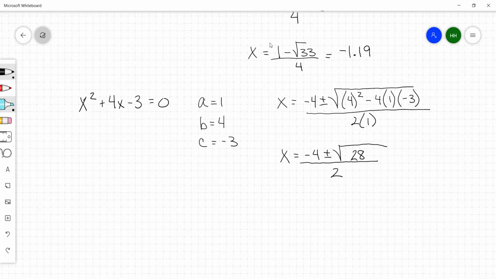Another form, we'll just solve this twice. So we say that x is equal to -4 plus radical 28 divided by 2, and -4 minus radical 28 divided by 2.